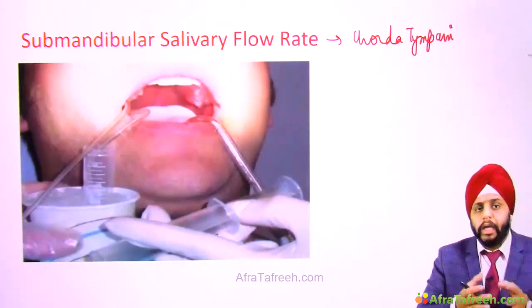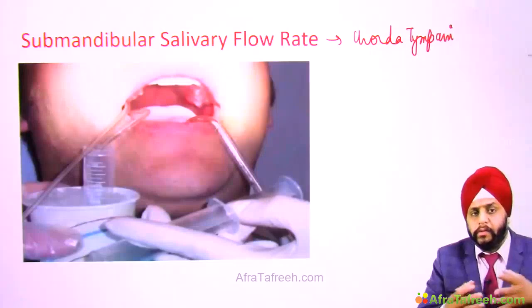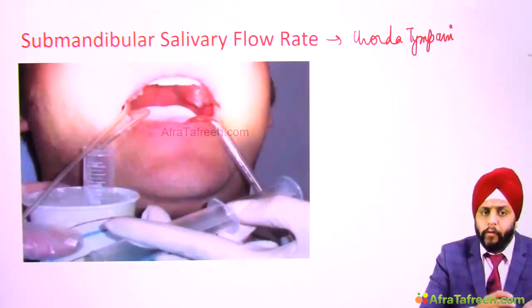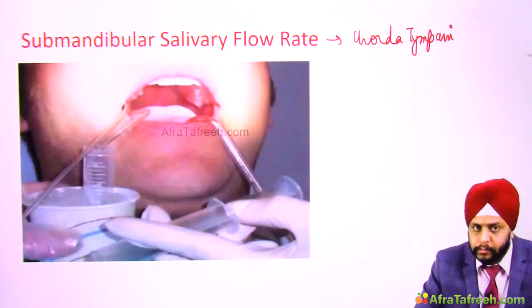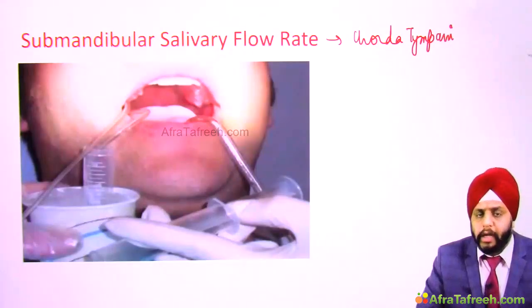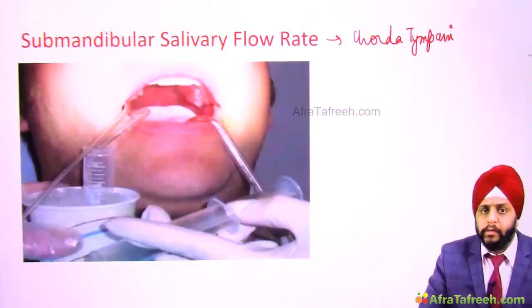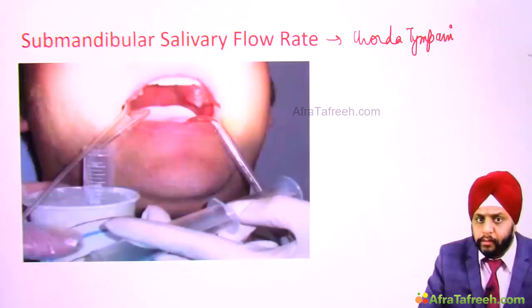So this is again a comparative test. Just like the Schirmer's test, this is also a comparative test of right side with left side. And in a comparative test, both the sides have to be equal. So both the sides have to be normal, and there should not be any difference.